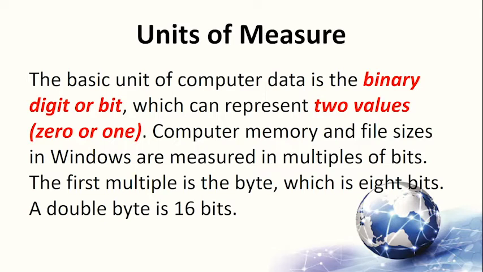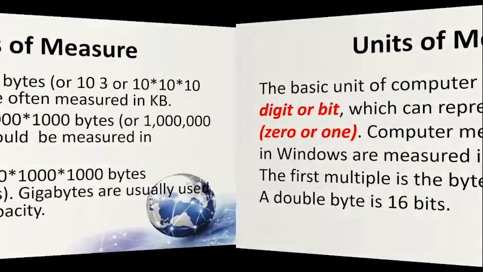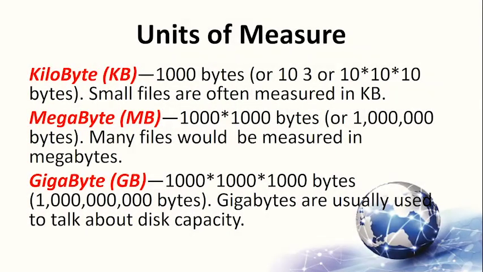The first multiple is the byte, which consists of 8 bits. A double byte is 16 bits. Another unit of measure, for example, is the kilobyte, approximately 1000 bytes.